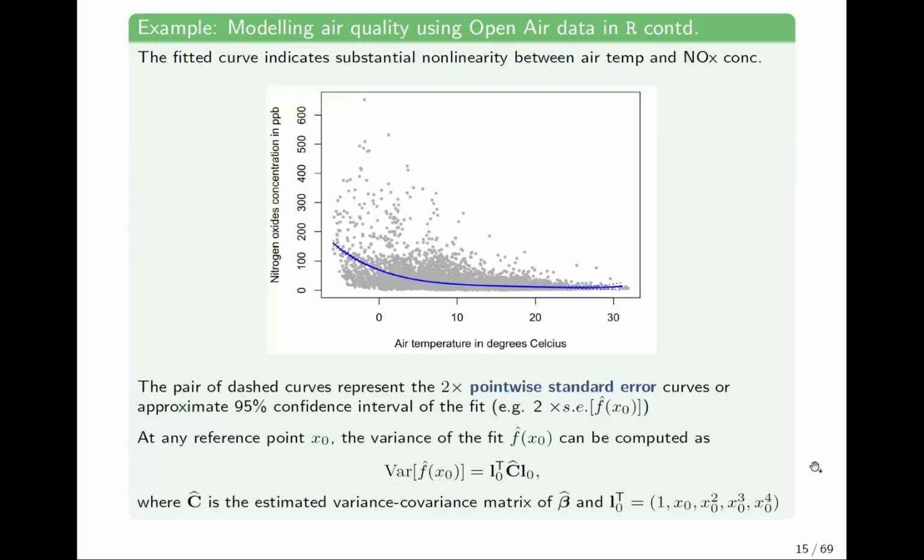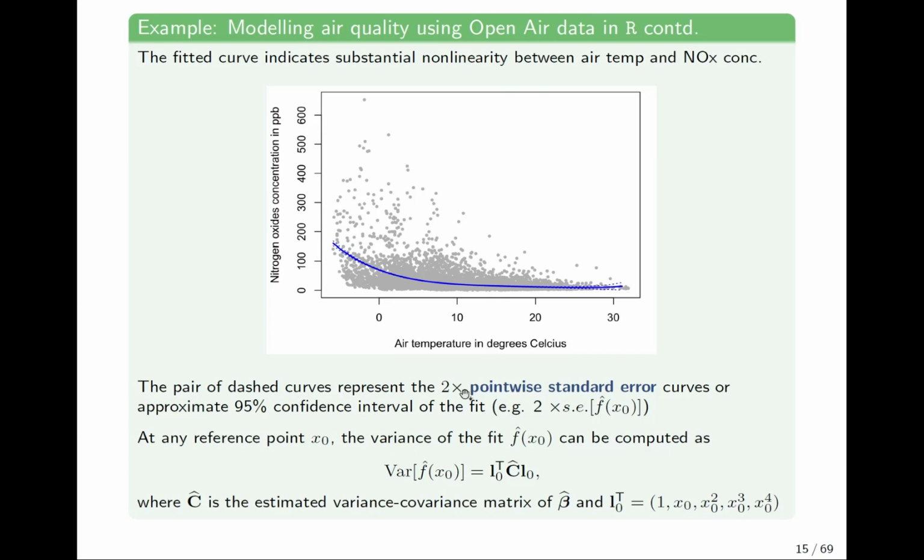And the results of this fit are shown in this diagram here. So the solid blue curve, which you can see here quite clearly, is the fitted values. And the dotted blue curves either side are the 95% confidence intervals.